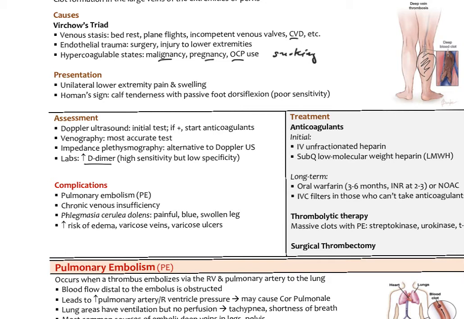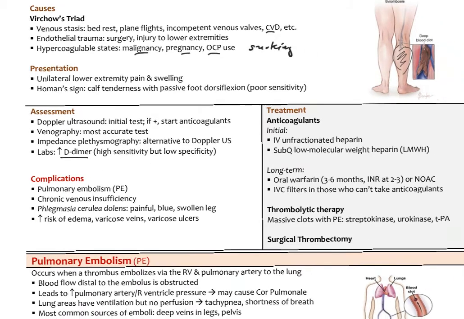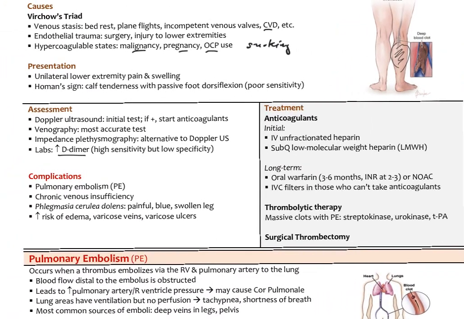And then that can also increase the risk of edema, varicose veins, varicose ulcers, as we just discussed. So the initial treatment for a DVT would be anticoagulants. Again, not antiplatelets, and a lot of herbs, so-called blood stasis or blood-moving herbs and whatnot, are actually antiplatelet, not anticoagulant.